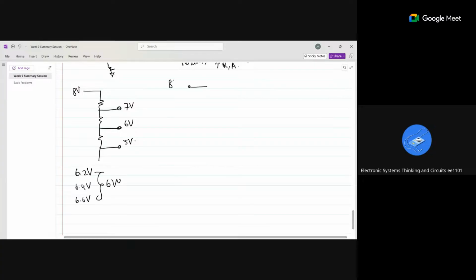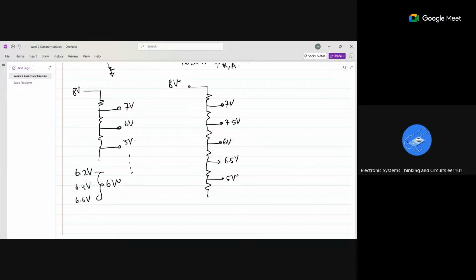If I am doubling the number of resistors I am using, here it is 7 volt, here it is 7.5 volt, here it is 6 volts, here it is 6.5 volts, here it is 5 volts, 5.5 volts, right? Instead of 3 resistors, I am using 6 resistors, so that I can calculate one more level, right?